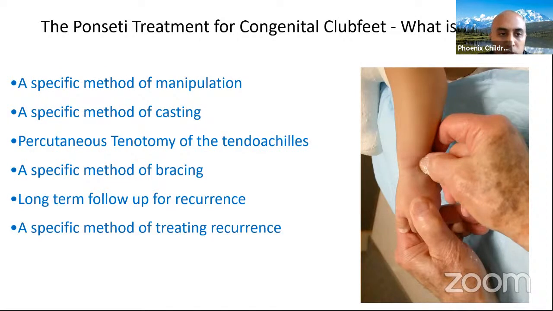And then the second part is called bracing, where the parents do most of the work, facilitated by the healthcare team. And in between, most patients require tenotomy of the tendo Achilles to correct ankle equinus.